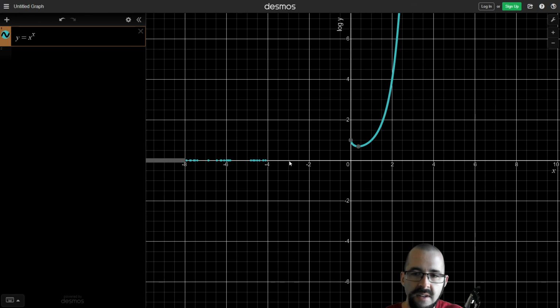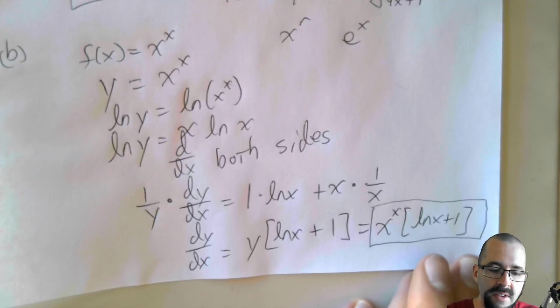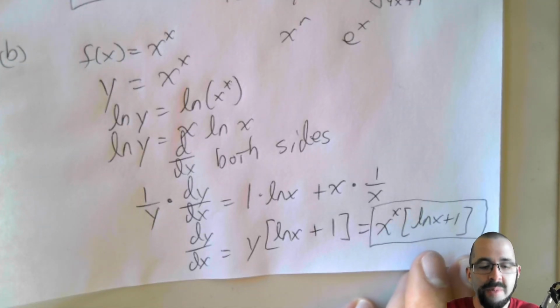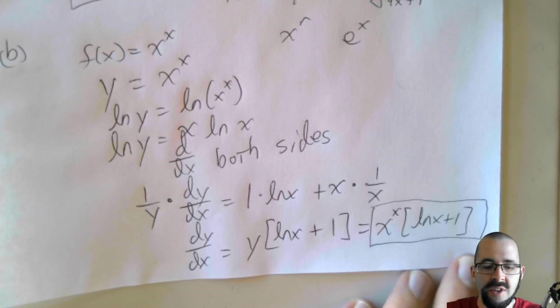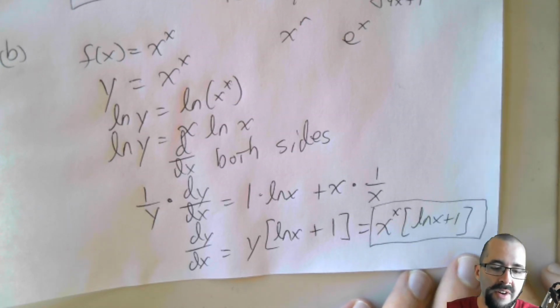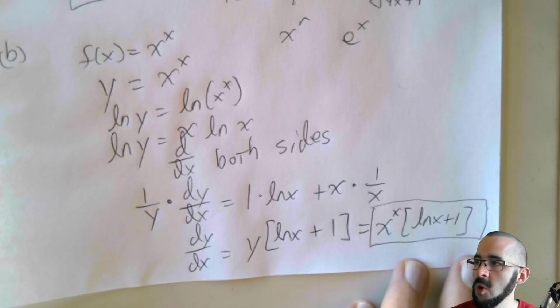And why we get super bizarre stuff is a long story that we don't have time for. We'll look at our derivative. We should only have a slope for positive numbers. Well, what is our derivative? Our derivative has a natural log. And remember, the domain of a natural log is only positive numbers anyway. So you can kind of see in the equation for the derivative that, yeah, it's only going to have a derivative for positive numbers. Okay?